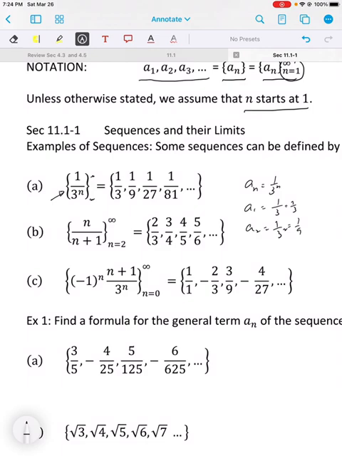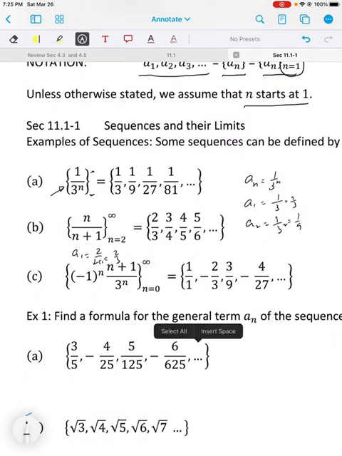So when n is equal to 2, the first term is what you get when you plug in n equal to 2. So a1 in this case will be 2 over 2 plus 1, which means 2 over 3. And for a2, n will become 3, so you get 3 over 4, and so on.